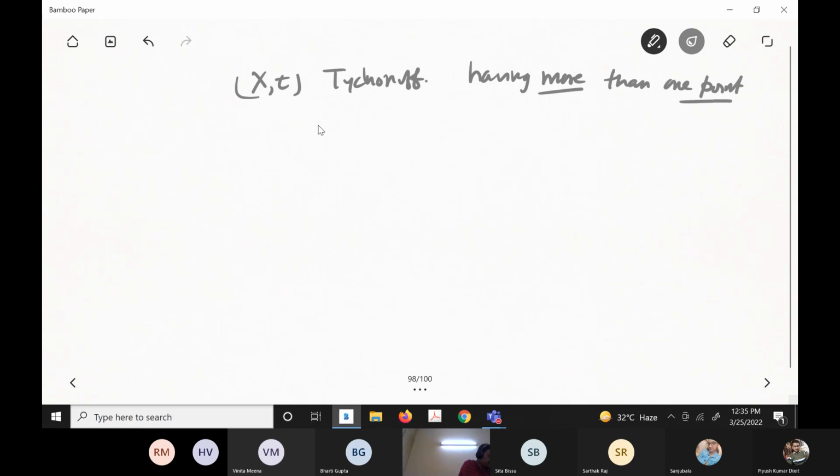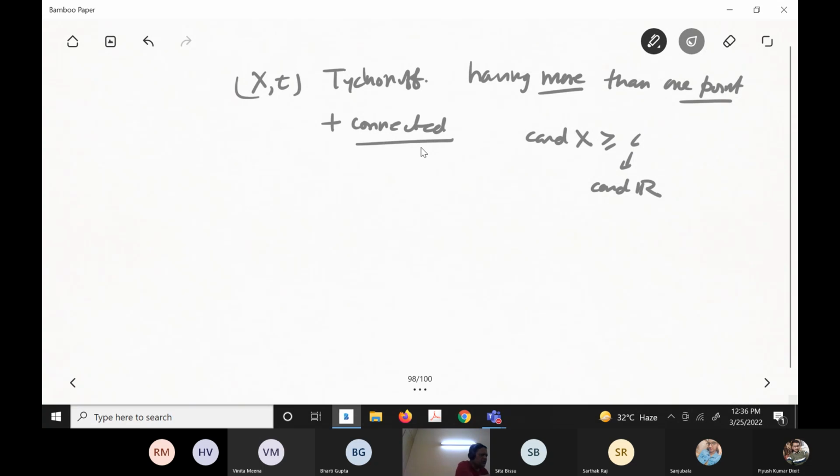Now assume additionally this is connected. Then the cardinality of X will be greater than or equal to c, where c is the cardinality of the real line. That means it will be really big. It will be uncountably infinite.